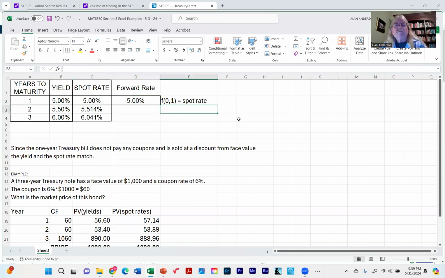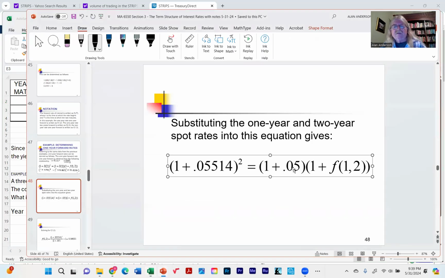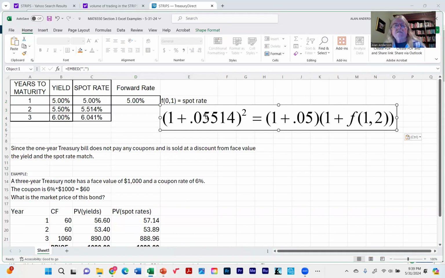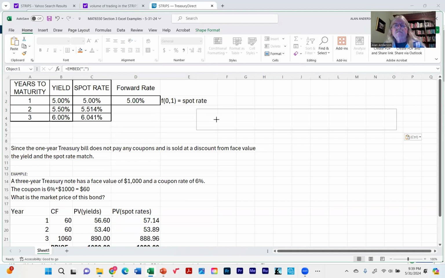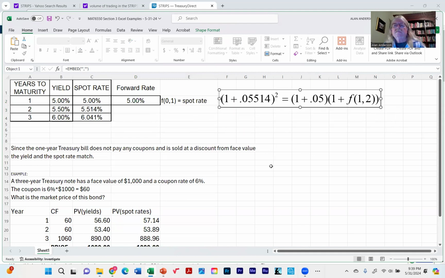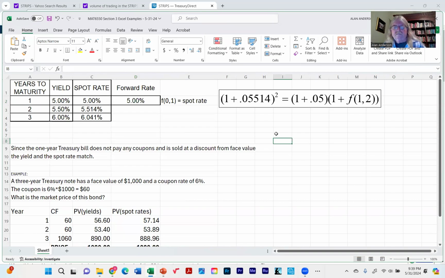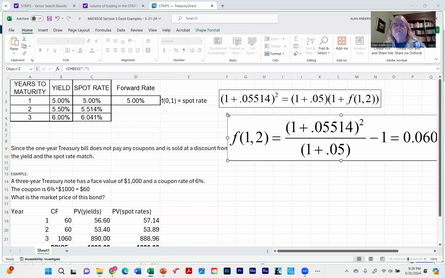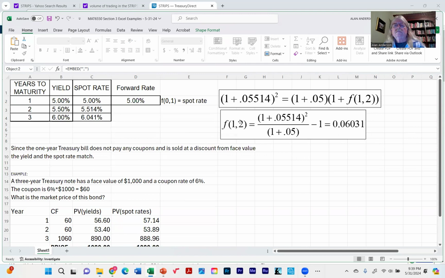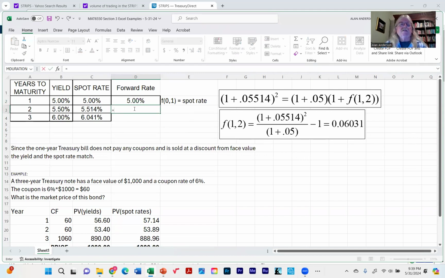This is the tricky one. So I'm going to copy this here so we can keep an eye on it. So we'll do this in Excel. 1 plus this number squared over 1 plus spot rate here, minus 1.